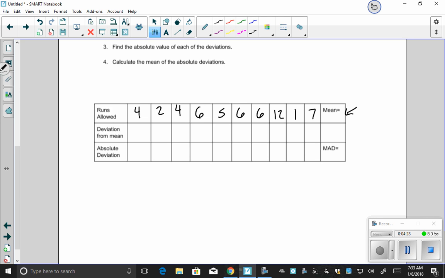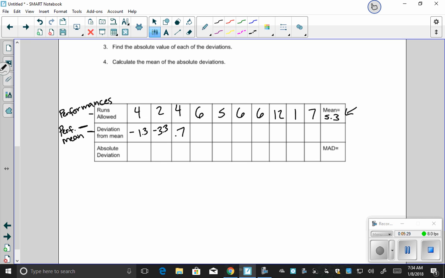The deviation from the mean means you subtract the mean from each value. Okay.